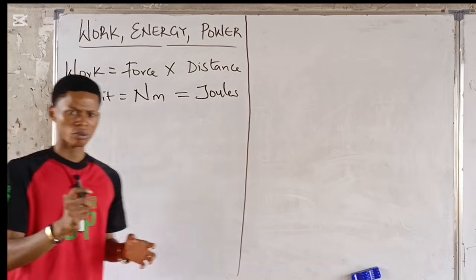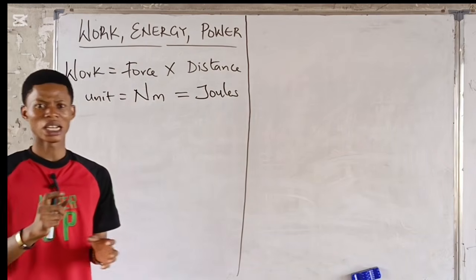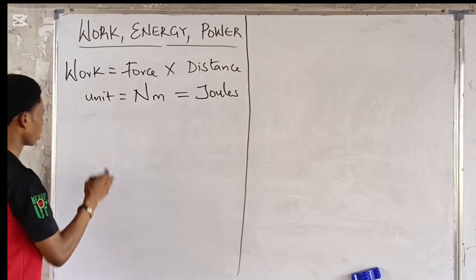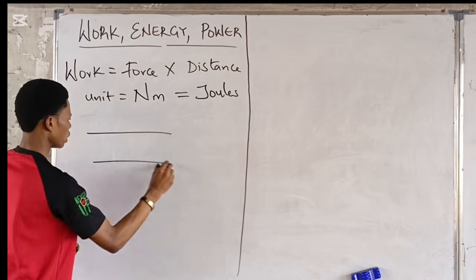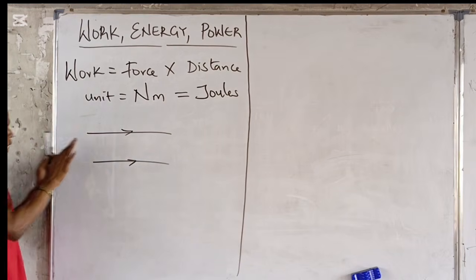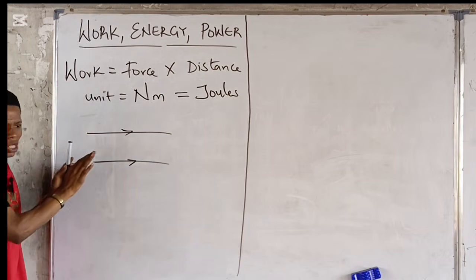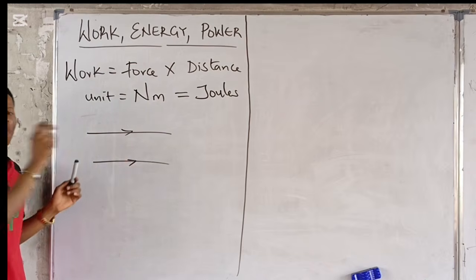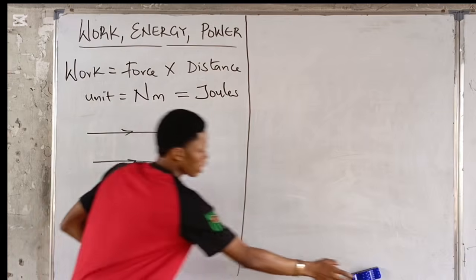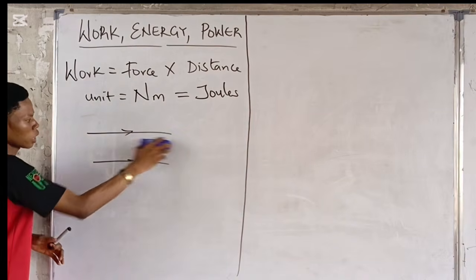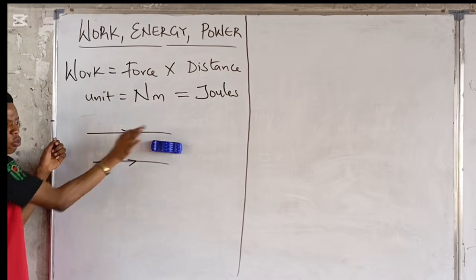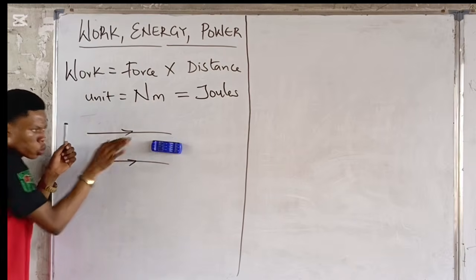Now, what if the distance is not parallel to the applied force? When they say something is parallel, if you look at these two lines, they are parallel to each other. What if the force you are applying is not parallel to the distance of the moving object? What I mean is, if I have an object like this, and I'm pushing it like this, the force is moving this way, and the object is also moving this way.